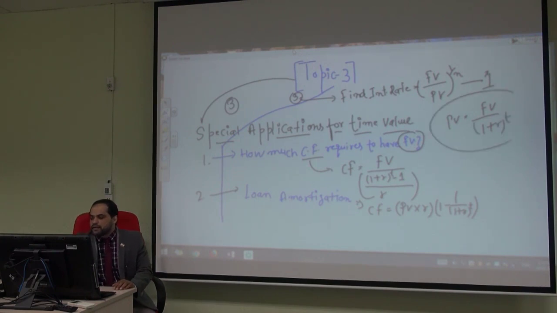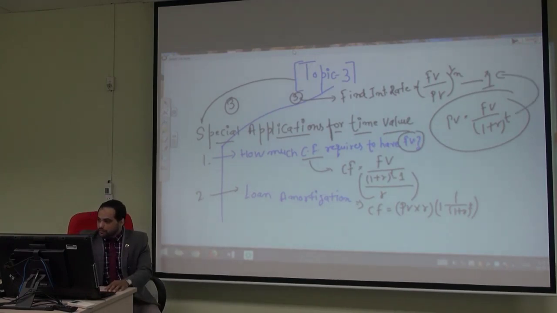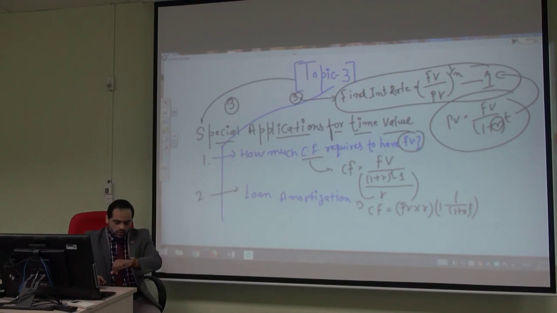So these are simple cash flows for present value. If you rearrange that formula, you're going to get this, because we have to estimate the R. In order to estimate R, we rearrange this formula, and we get the formula to estimate the interest rate. So now we move on to the last one.